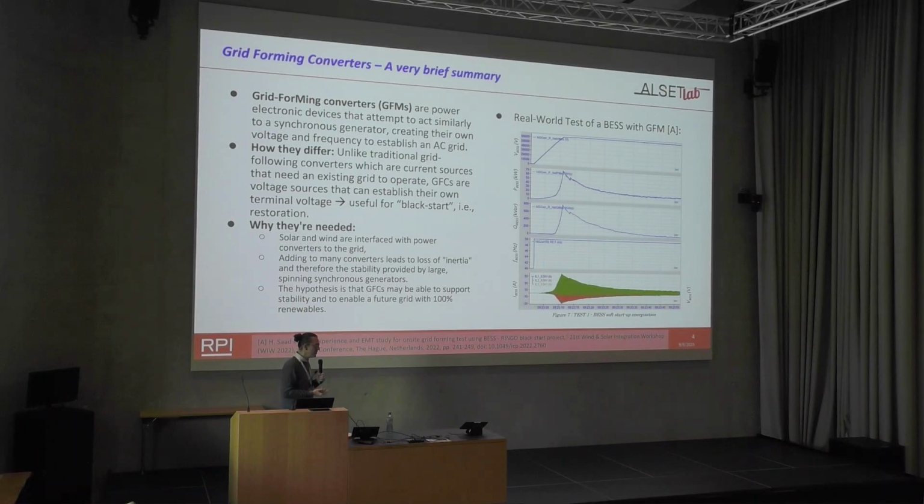What a conventional generator can do is impose the terminal voltage magnitude and the frequency of the waveform and establish an AC network. You cannot do that with existing grid-following converters. A normal PV converter has to look at the terminal voltage and figure out the frequency of the grid and synchronize to it before it can connect.